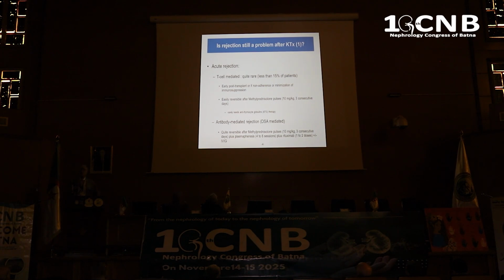They are present because the immunosuppression is not sufficient to block the T helper cells, and they are easily diagnosed, easily treatable, manageable with steroid pulses, and in some cases by anti-thymocyte globulins if they are refractory to steroids.